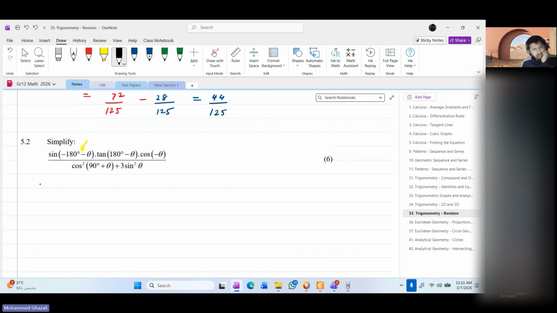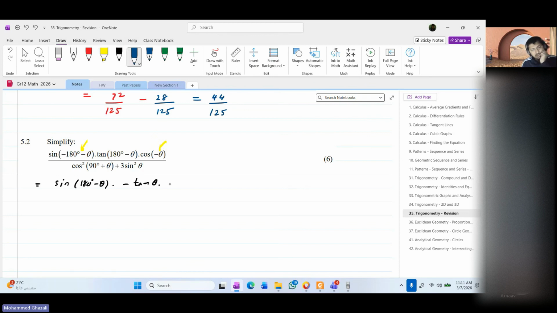All right, so this will become sine 180 minus theta. Tan 180 minus theta, we can simplify that. That's in the second quadrant, so negative tan theta. Cos of negative angle is like adding 360 in here.